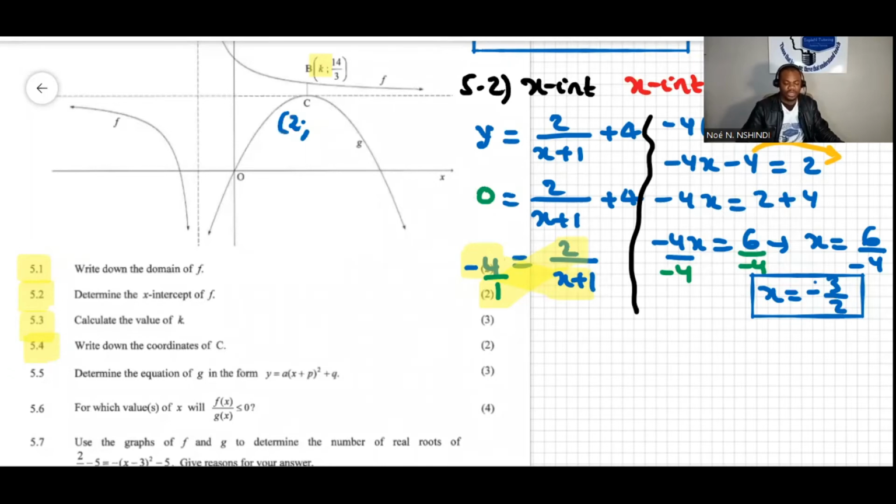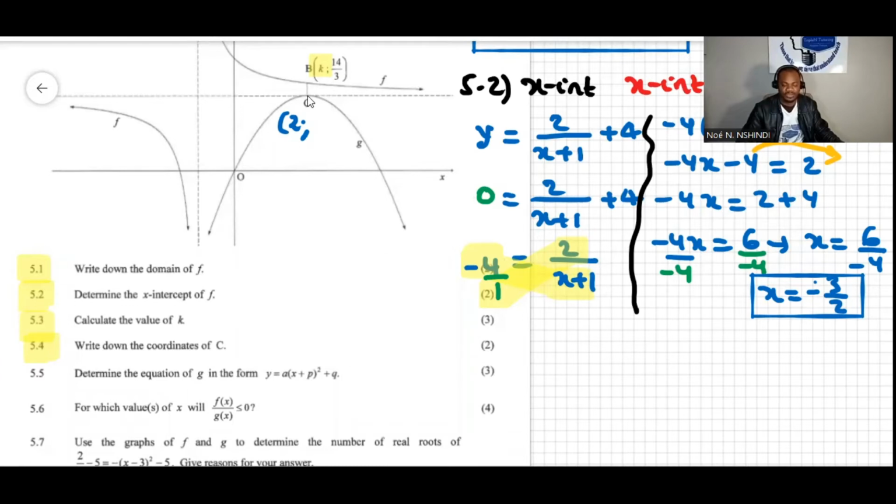Now its y coordinate is like when we sub the value of 2 into the equation of the parabola here. Now we know that its y coordinate is the asymptote. The asymptote touches the point C here.